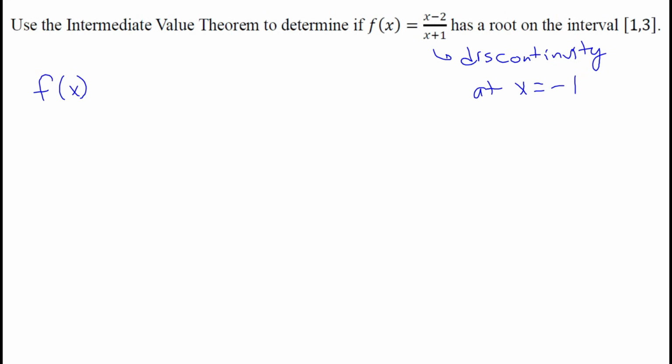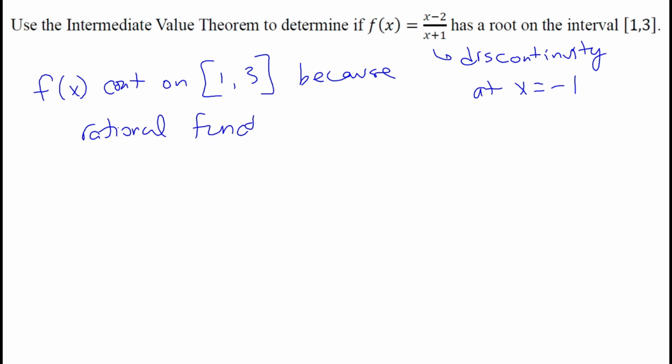So f of x is continuous on 1 to 3 because rational functions are continuous on their domains. And we can clearly see that the only domain restriction is x cannot be -1.